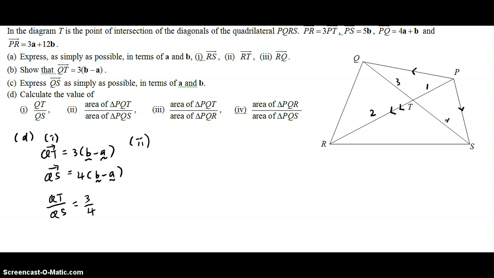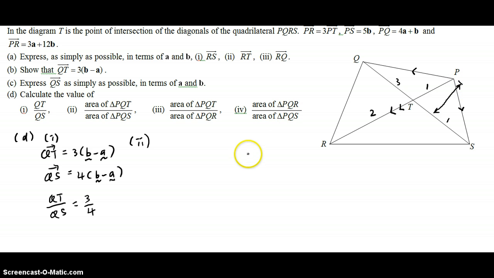Now we move on to find the area ratio of PQT and PQR. You notice that, using same height compare base, there is a common height here for the two triangles. This is the common height.